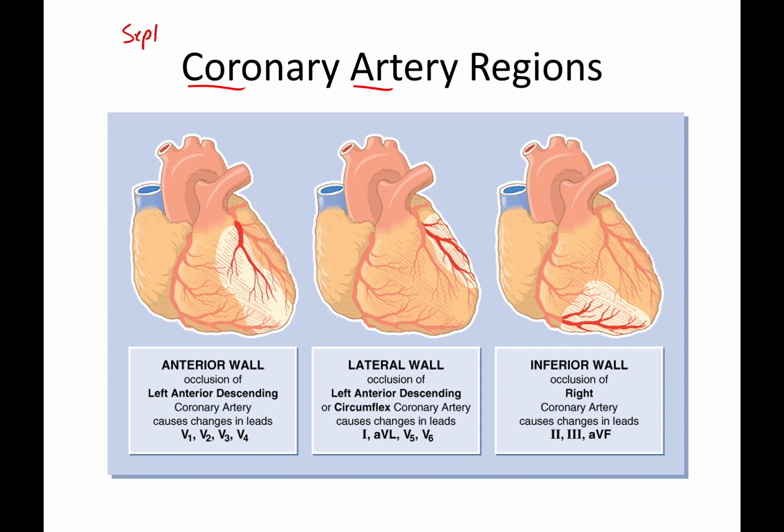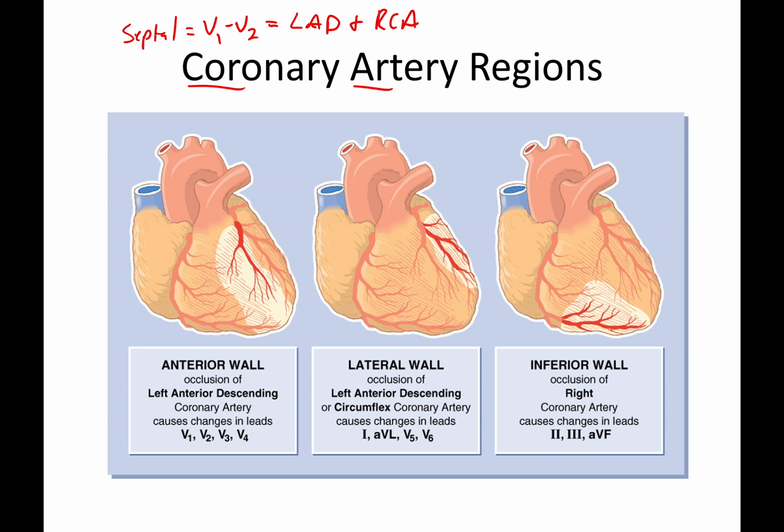Now I know it's not listed here specifically, but I'll remind you that septal is V1 through V2. And that is the left anterior descending for the anterior 2/3 of the septum, that's your LAD, and the posterior 1/3 is going to be fed by the RCA in most people.